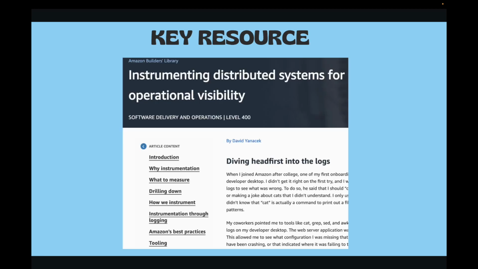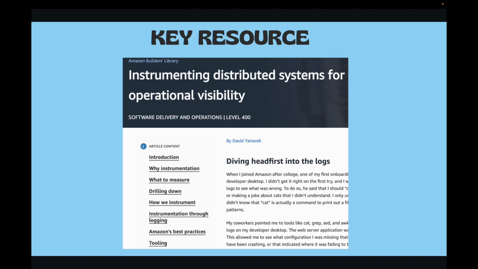So now the key resource that I told you about is this one. It's in the Amazon Builders Library. The link will be in the comments. It's called Instrumenting Distributed Systems for Operational Visibility. I recommend that every architect, everyone who is building or architecting any system, and every developer working on AWS read this, because it explains the complete instrumentation philosophy of Amazon.